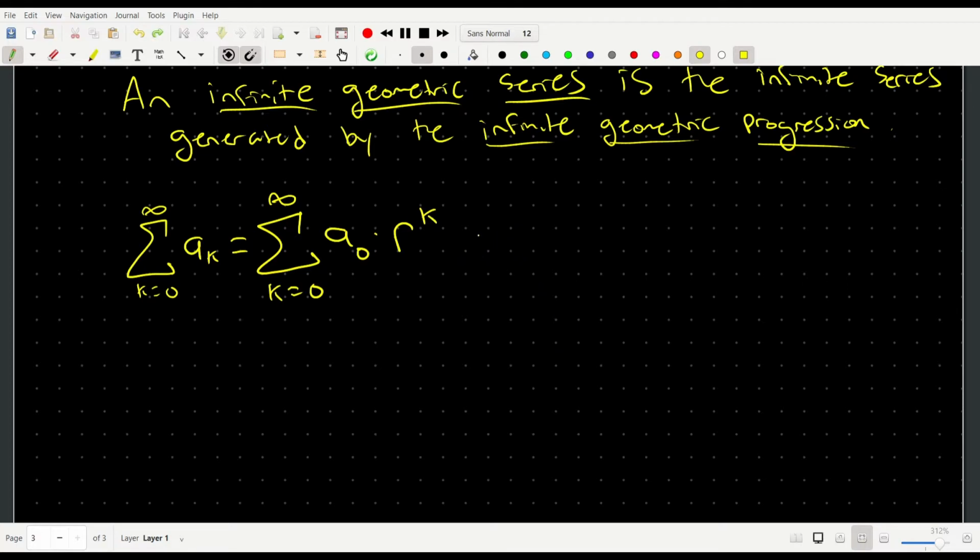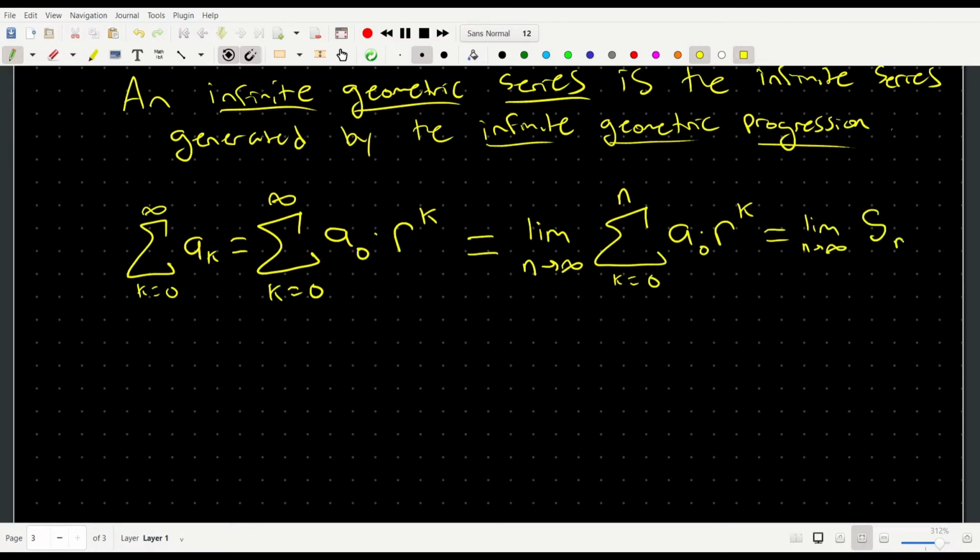This has meaning for us only in the context of the limit of the sequence of partial sums. So really this is just the same thing as the limit as n goes to infinity of the summation from k equals 0 to n of a0 times r to the k, or the limit as n goes to infinity of Sn.